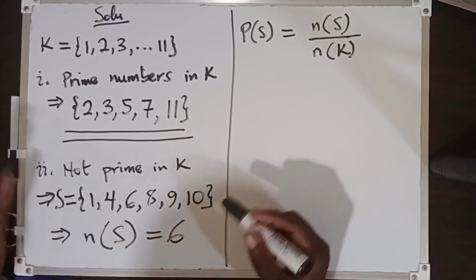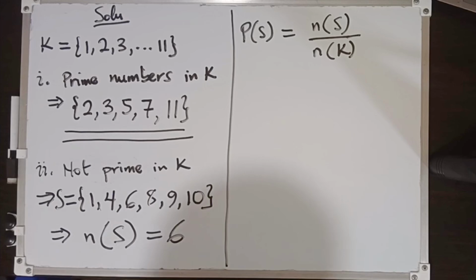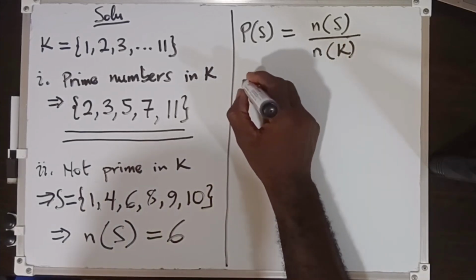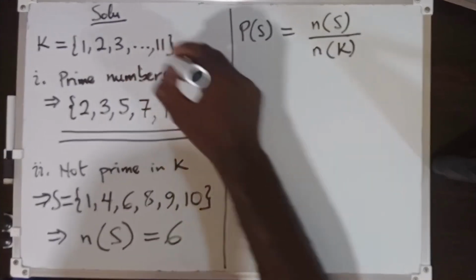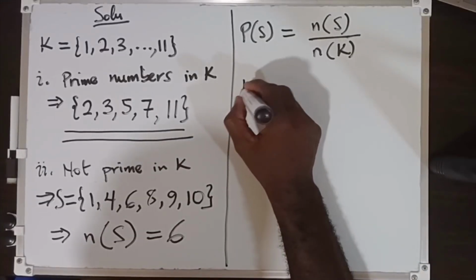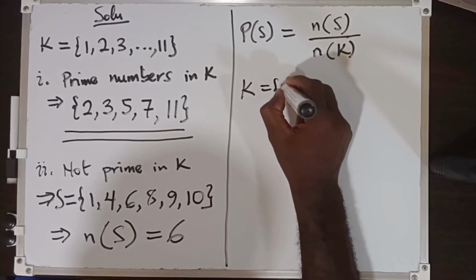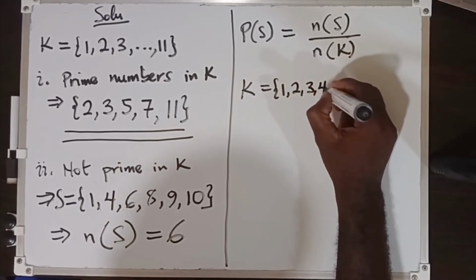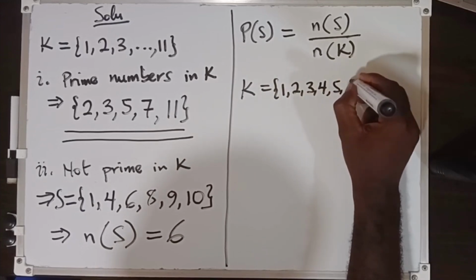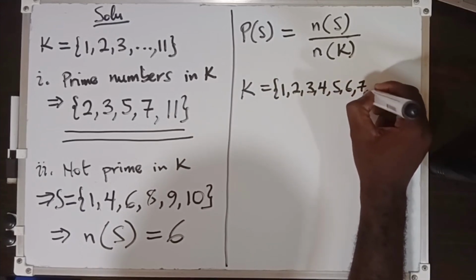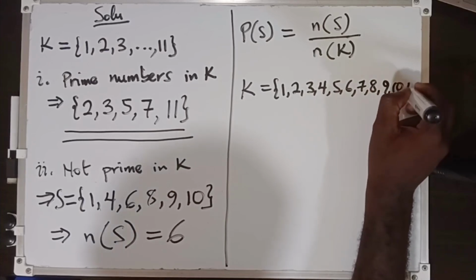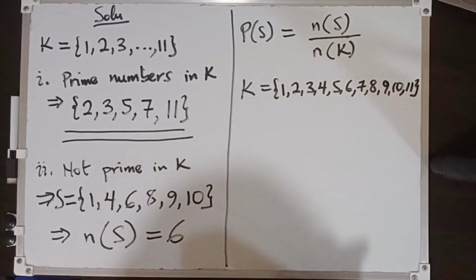First of all, we need to know the total number of elements in the set k. If we list the numbers in the set k fully, we are going to get 1, 2, 3, 4, 5, 6, 7, 8, 9, 10, and 11.